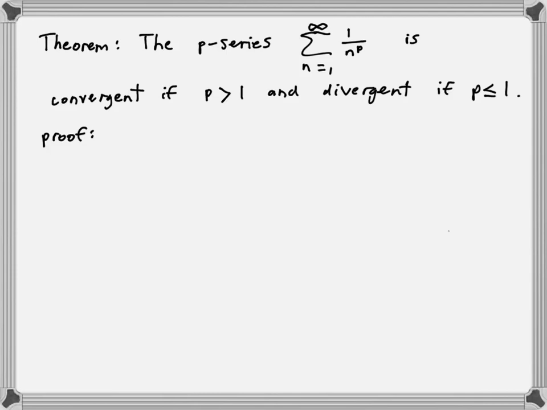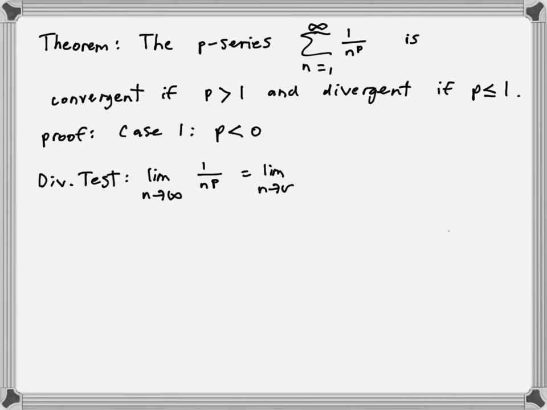Okay, so let's do some cases here. First, case 1, what happens if p is a negative number? Well, I'm going to use the divergence test. What would be the limit as n goes to infinity of 1 over n to the p? If p is a negative number, then this is the same as the limit as n goes to infinity of n to the negative p, right?